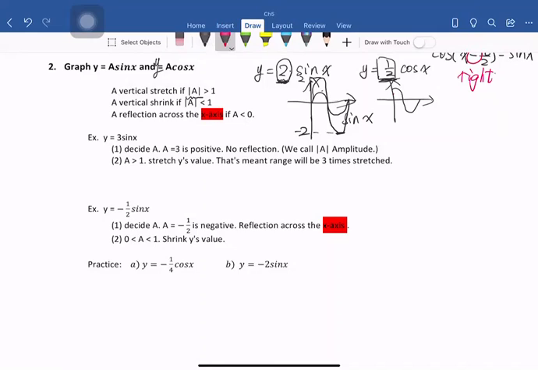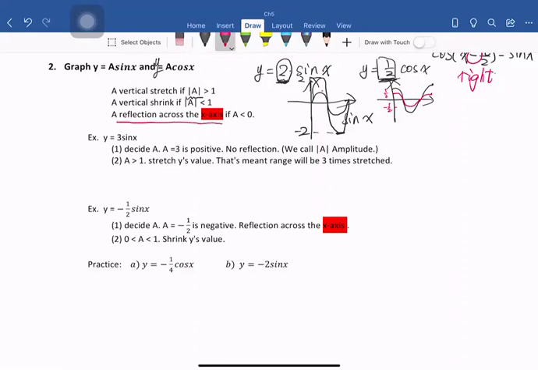So the new graph goes between 1/2 and -1/2. The graph is like this. I just shrink it. Oh, it's not done, because one cycle is from here to here, and this one is to here. So that's the meaning of the a in front of the sine and cosine x.